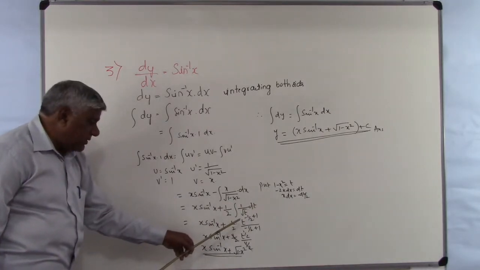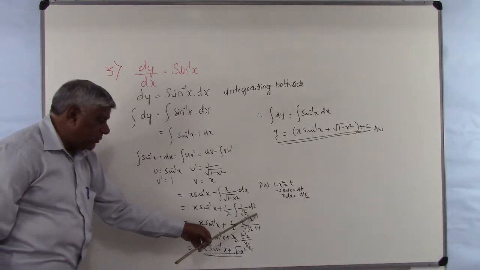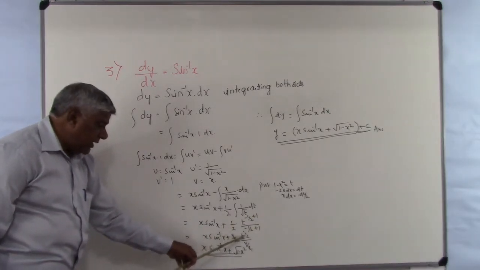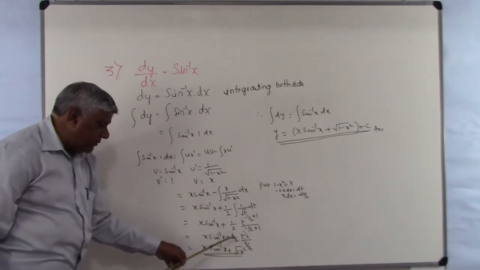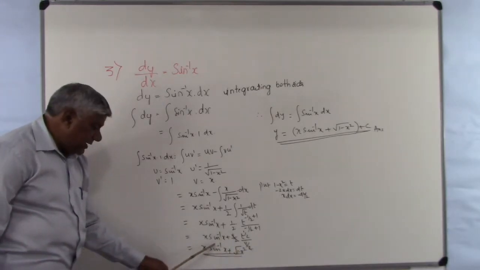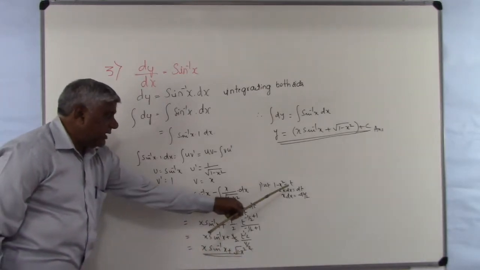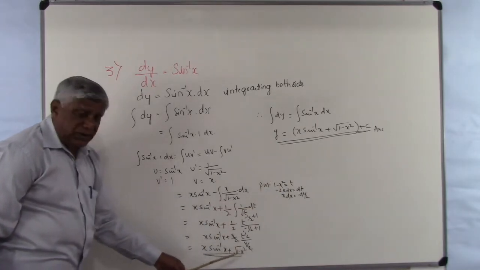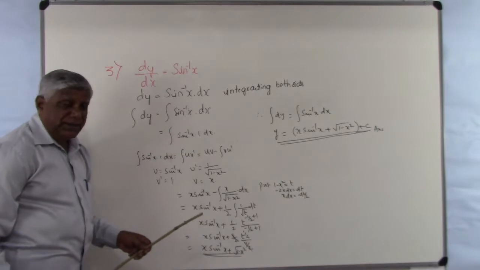Integral of t to the power of minus half is t to the power of minus half plus 1 divided by minus half plus 1. That is t to the power of half divided by half, the halves get cancelled. X sine inverse x plus t is what? 1 minus x square. Half means root. So root of 1 minus x square.